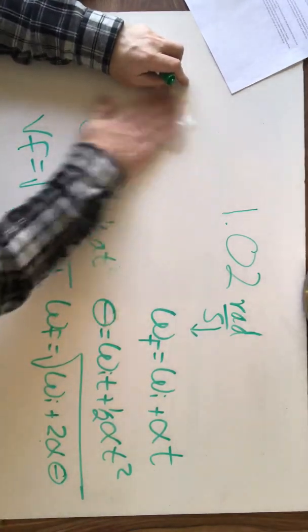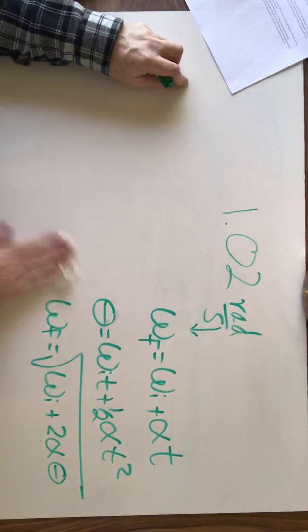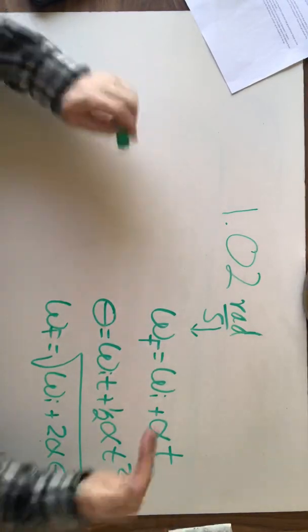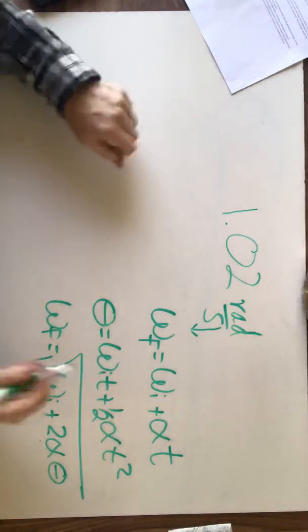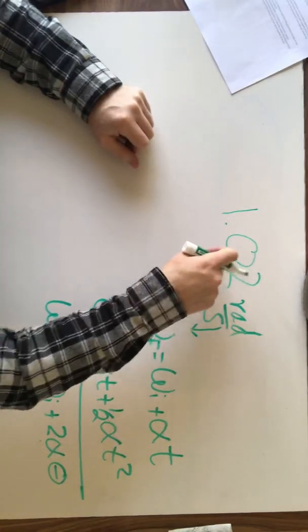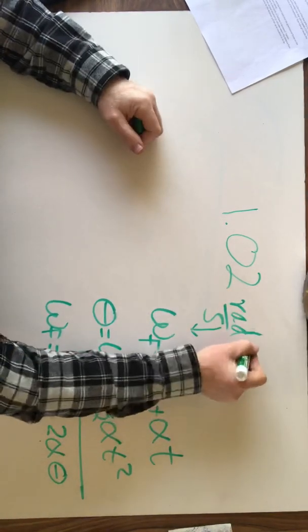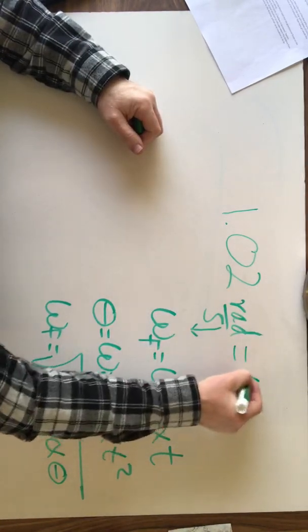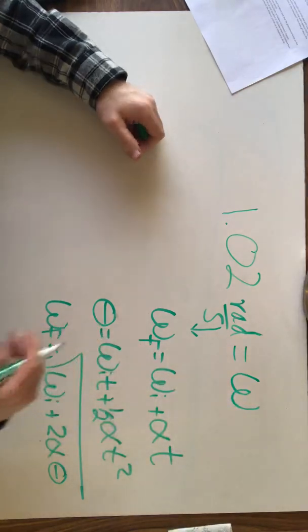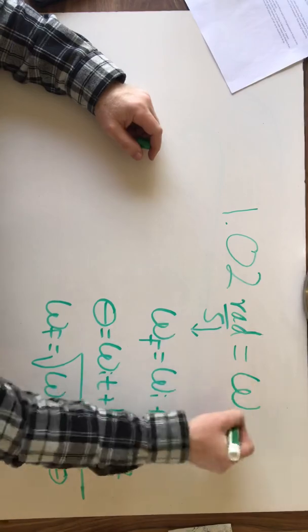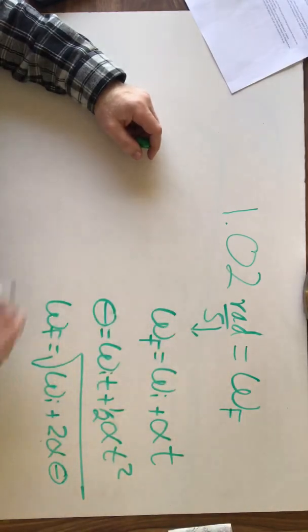Okay, thinking radians, what do we have? So I'm going to do the official new equation versions right here. This was a final velocity. We were given the final velocity, but in the wrong units, in degrees per minute. We converted the final velocity to radians per second.